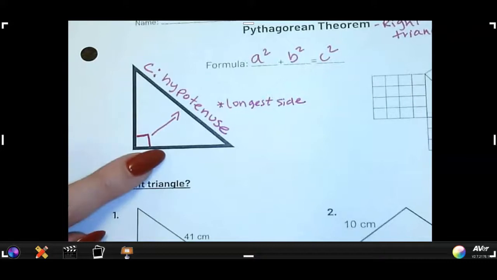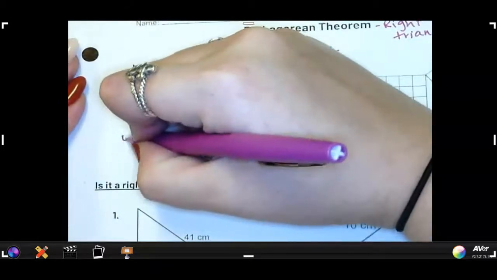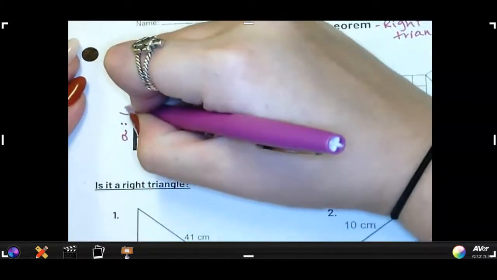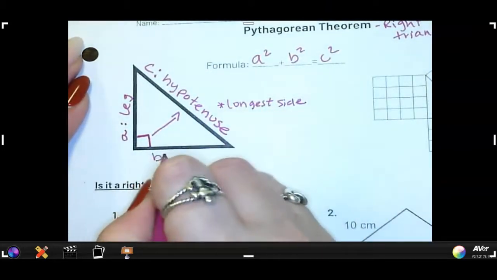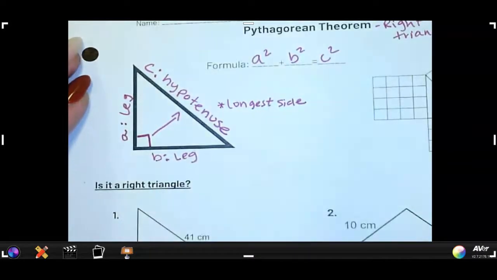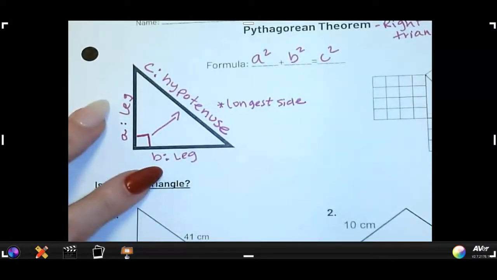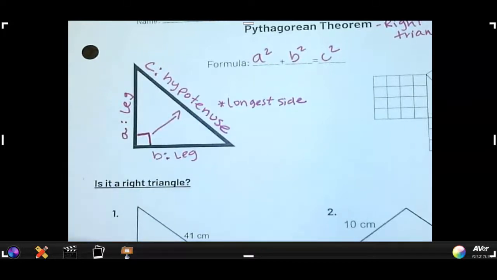This side could be A, this side could be B, or this side could be A, this side can be B. Okay? So we'll label A over here, and A is called the leg of a triangle, and then B on the other side is also called the leg of a triangle. Okay? So we have two legs, just like you, and then the hypotenuse across from that right angle.